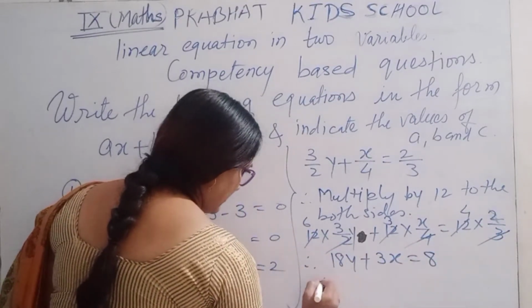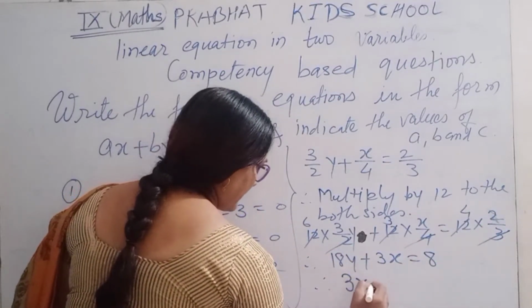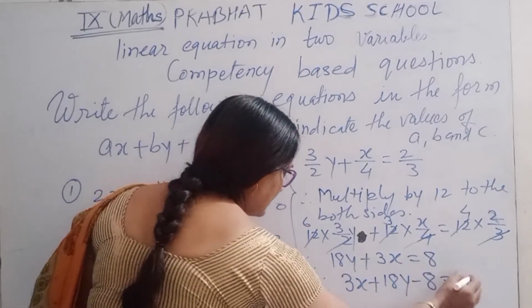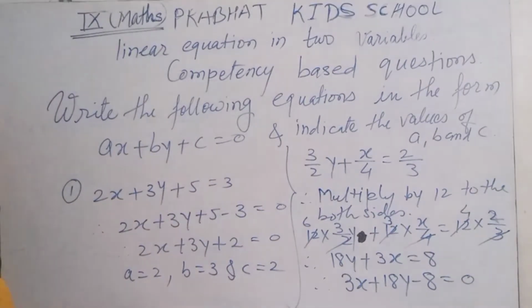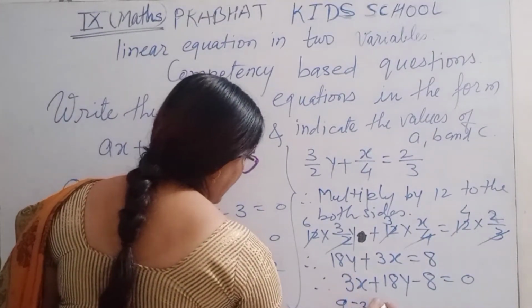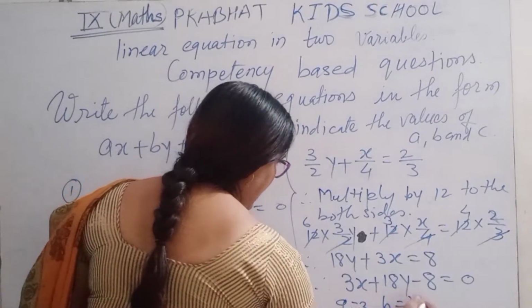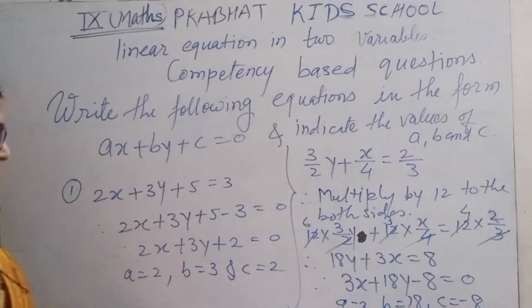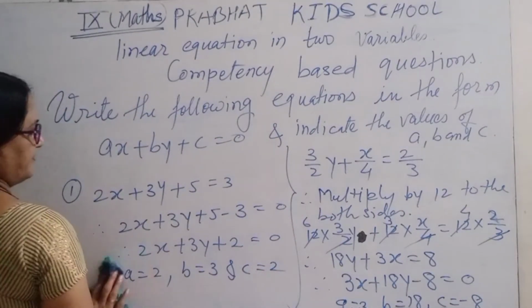Therefore equation is 3x plus 18y minus 8 is equal to 0. What are the values of a, b, c? a is 3, b is 18 and c is minus 8. Is that clear? Now one more question we are taking.